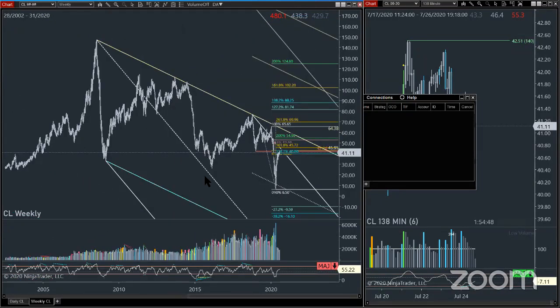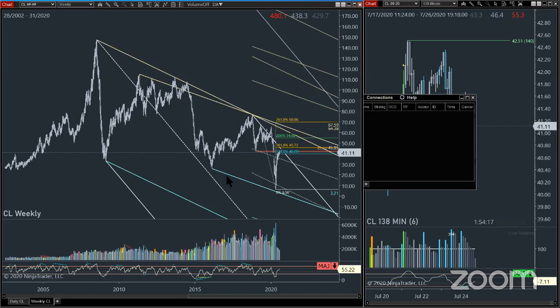What I had been looking at for this push down was making it down to the bottom of this downsloping channel, but I thought that we would do that much later.